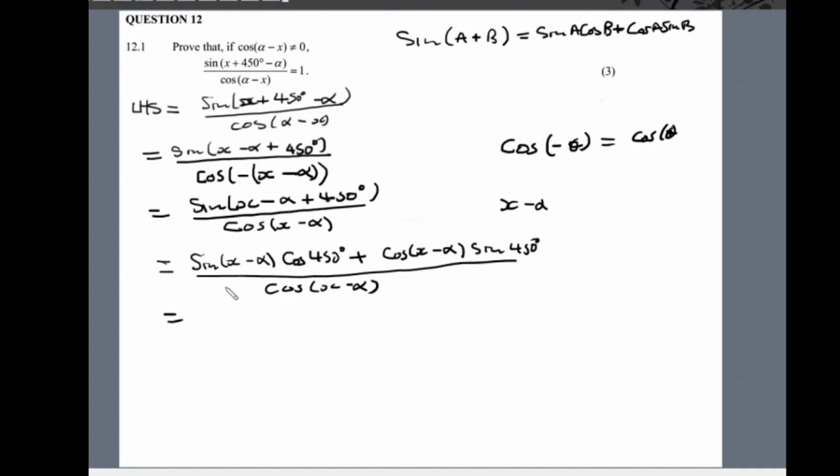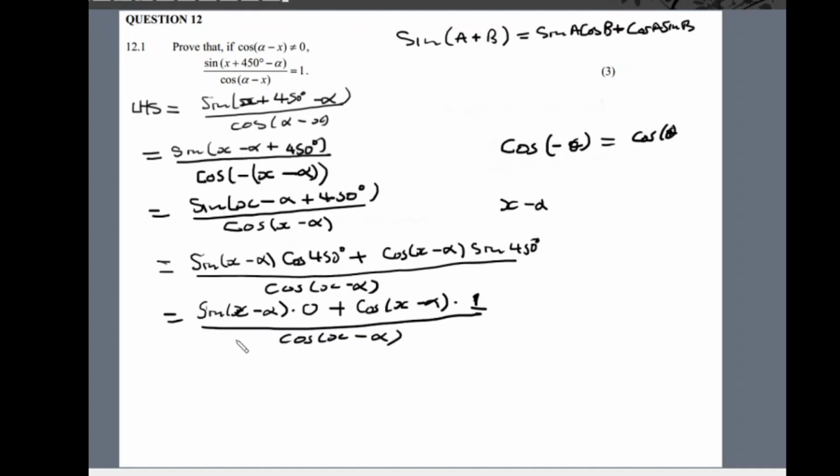So now uzoba no sine x minus alpha times 0, because cos 450 degrees is 0, and then lapha uzoba no cos x minus alpha times 1, because sine 450 degrees is 1, divided by cos x minus alpha, right?